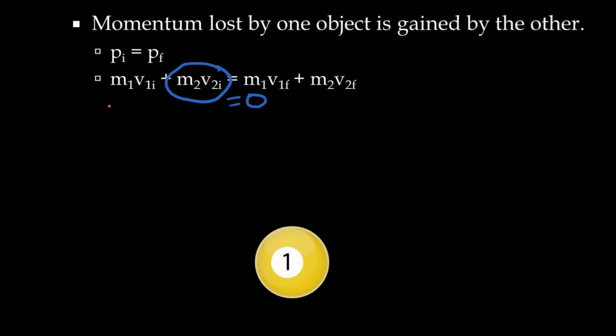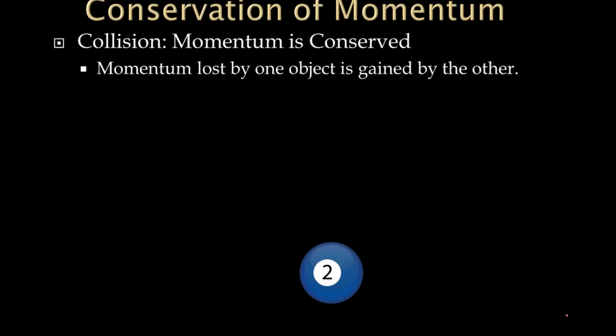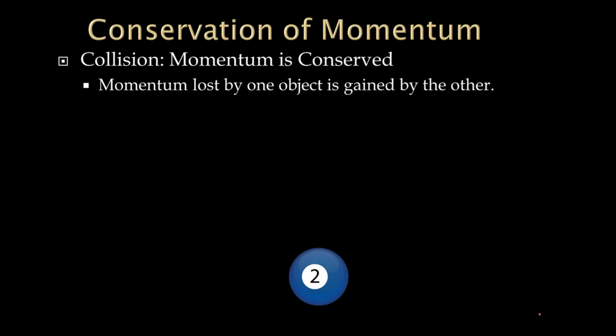So all 12 kilogram meters per second was contained in the number 1 ball. And after the collision, the number 1 ball was standing still. There was no momentum in that, and all 12 kilogram meters per second of momentum were contained in the second ball. Whatever momentum is lost by one object needs to be gained by the other.